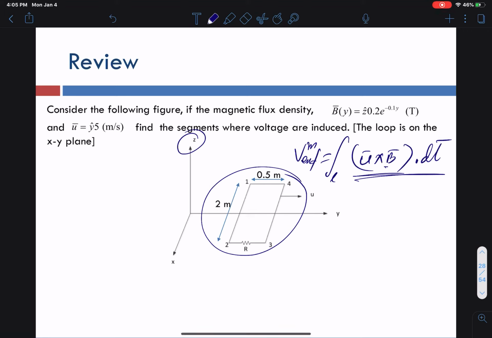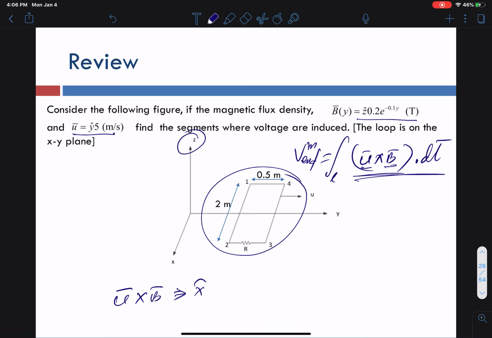So what is U cross B over here? U is in the Y direction, B is in the Z direction, right? So Y cross Z will give you the X direction. That means we only get a voltage in the X direction.